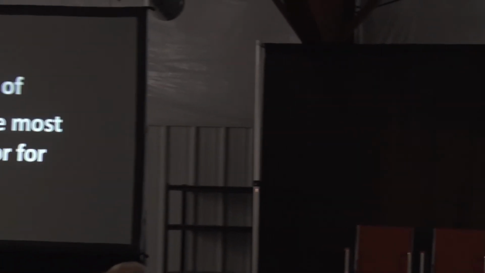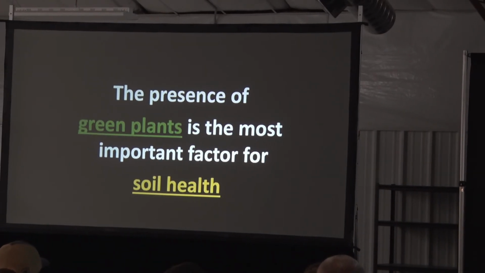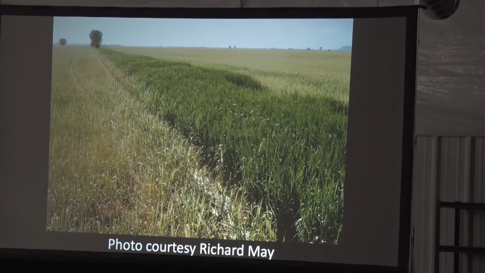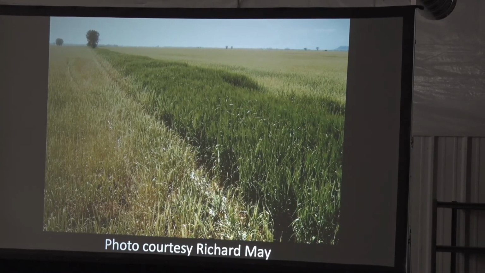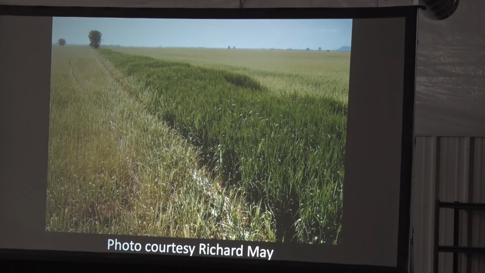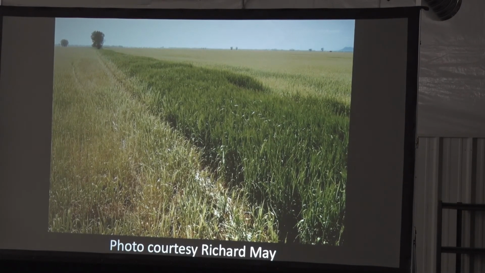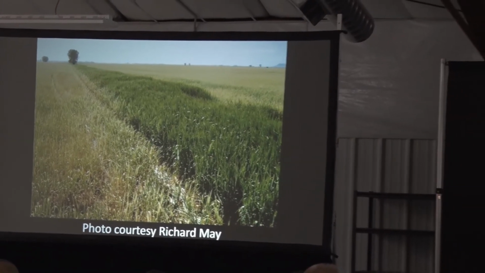So just to go back to this diagram again, and just to show you one example here of what we can see visually about what green plants actually do. This photograph here is taken from the Western Districts of Victoria, which is a state in Australia where they grow a lot of cereals, and it's a Mediterranean climate like Southern California.